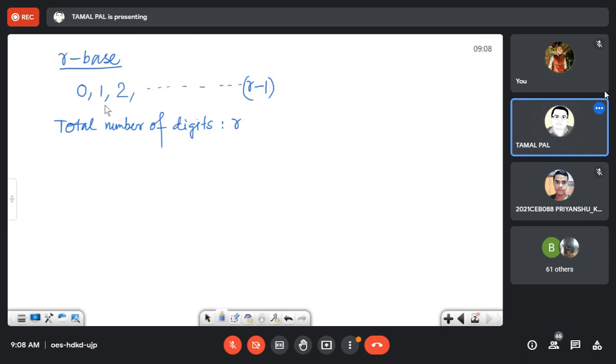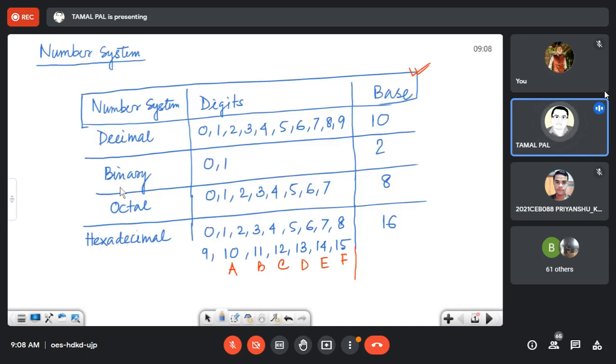Now we have to understand them one by one, because number systems are quite similar. If we can understand one of them, the rest you can very easily understand. We'll focus on the binary and decimal number systems, because decimal is mostly used, and binary is the internal mechanism of the computer system.